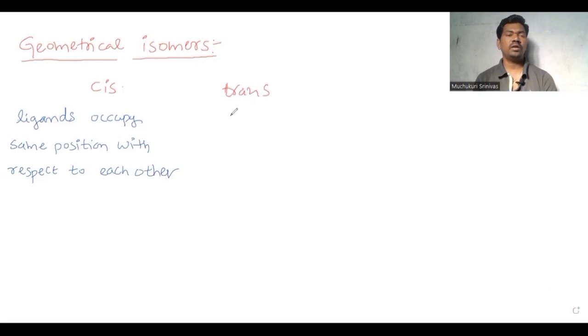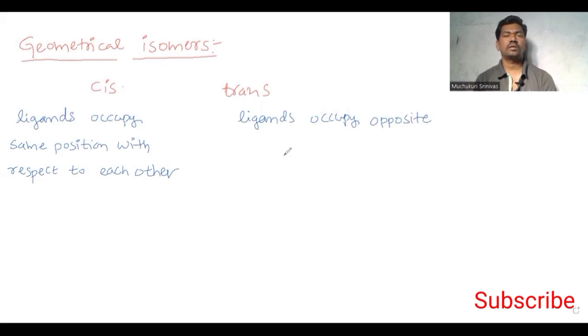So trans means what? Ligands occupy opposite positions with respect to each other.